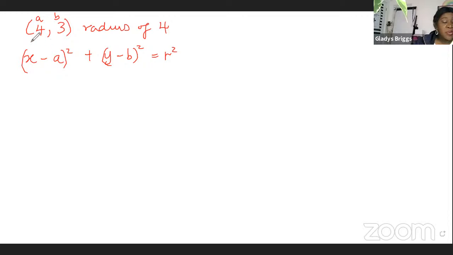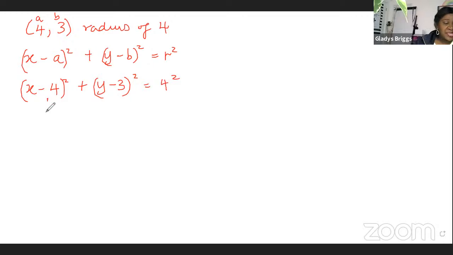This is x and y, but being moved left or right, so it's telling you to move it negative a, so you have to go x minus 4 squared plus y minus 3 squared, yeah? Is equal to 4 squared.